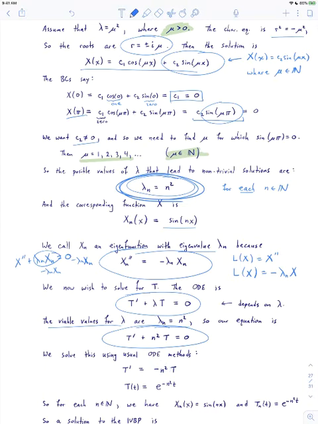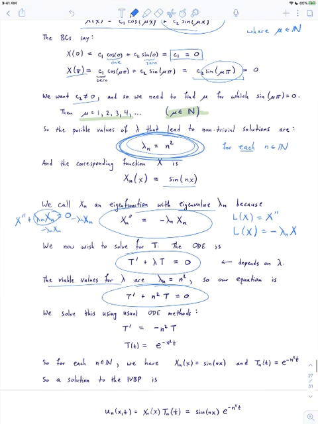You can, of course, solve this equation using separation of variables. The idea is that you have T prime over T equals minus n squared. Then you integrate both sides and you get ln of the absolute value of T is equal to minus n squared t, and then you exponentiate both sides.